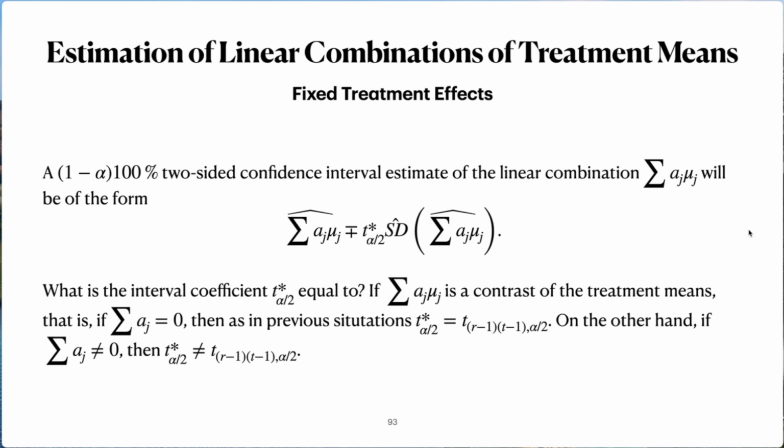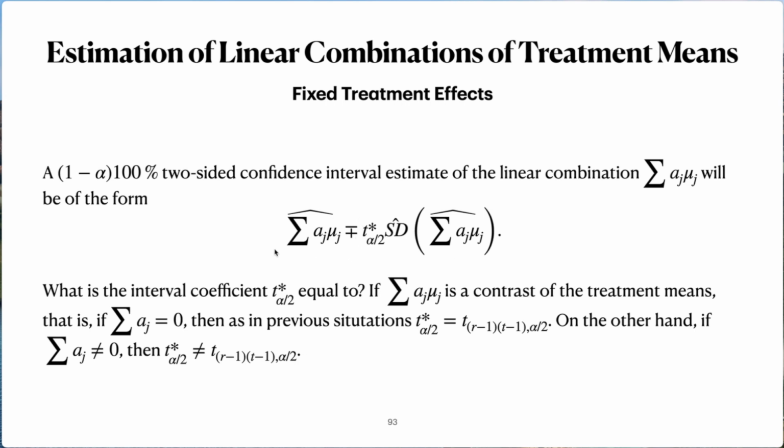Okay, so now let's look at how to construct a confidence interval for the linear combination. A 1 minus alpha times 100% two-sided confidence interval estimate of the linear combination is going to be of the following form. This is the typical form.